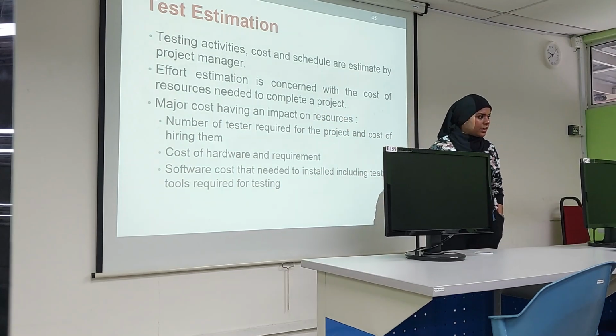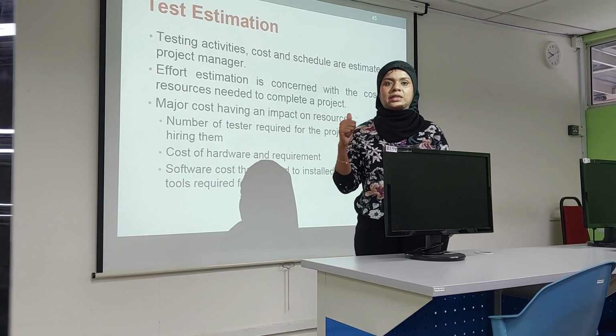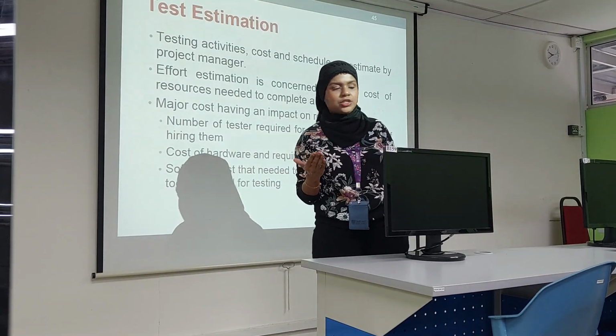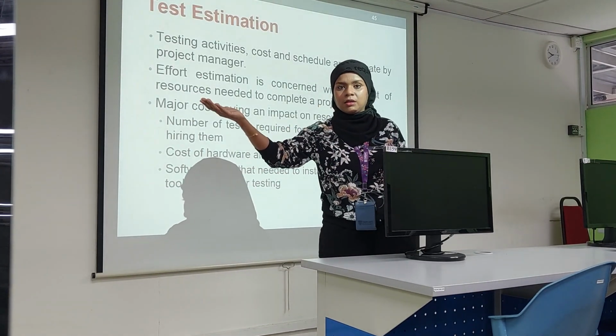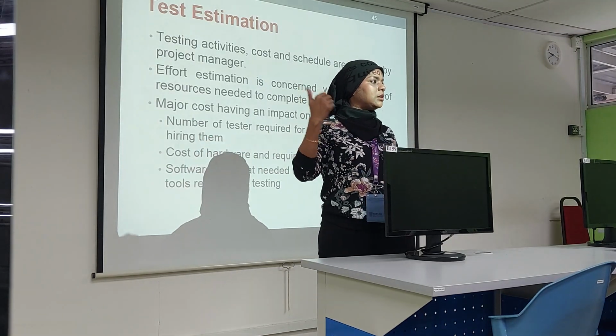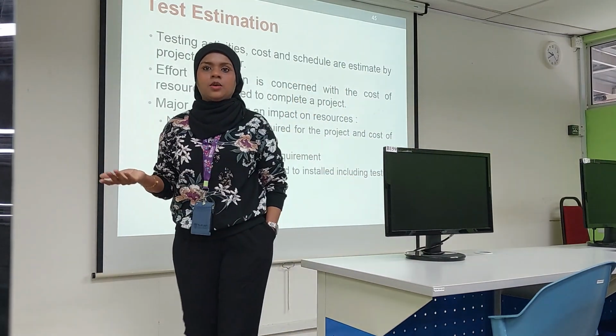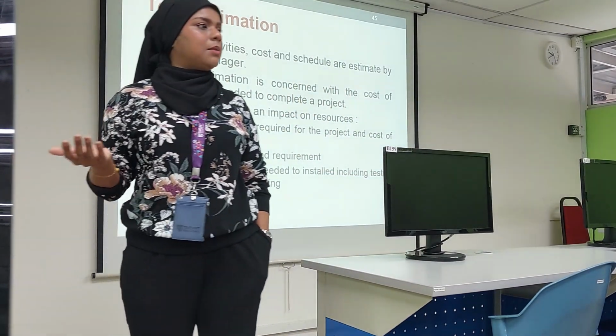Because at the end of the day, we want to make sure that we do the testing within this estimation or you go beyond that. If you go beyond that, you need to answer. Why all of a sudden the budget from maybe 30K becomes 60K? What have you done? Why double up?